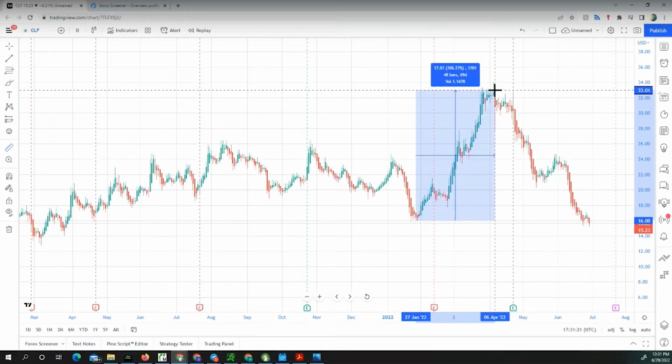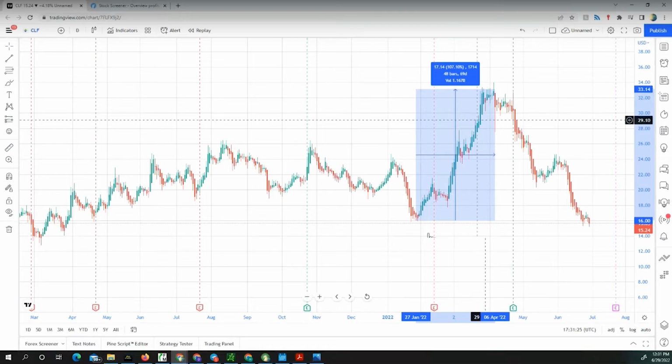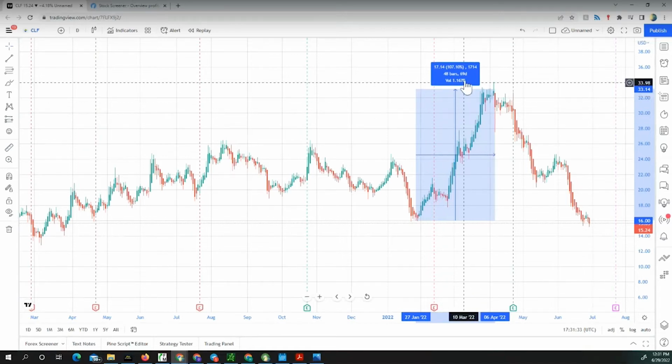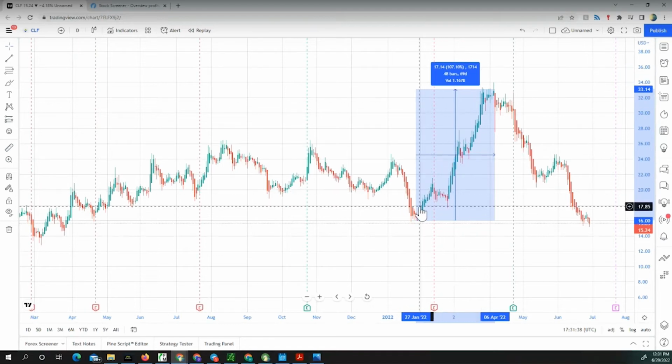We can see it made around 107% from that price point to the highest it went within that time frame. So it took 69 days to get to 107%, and that gives you an idea of what you should be expecting.